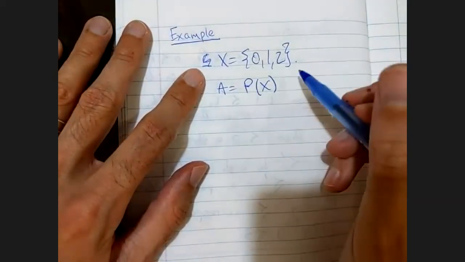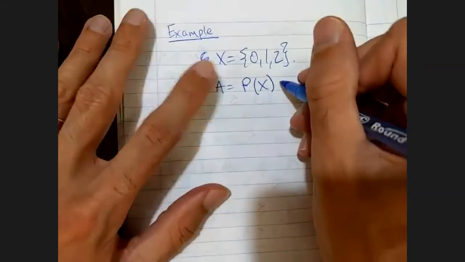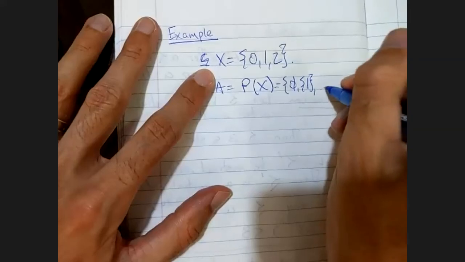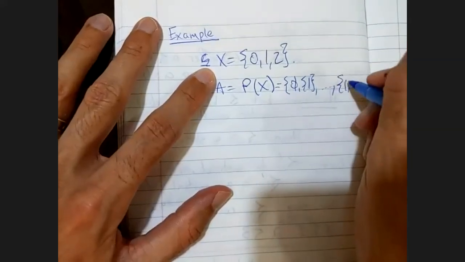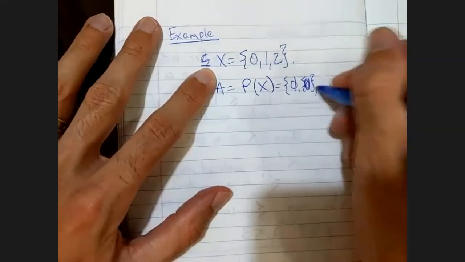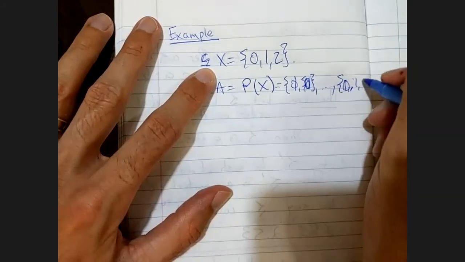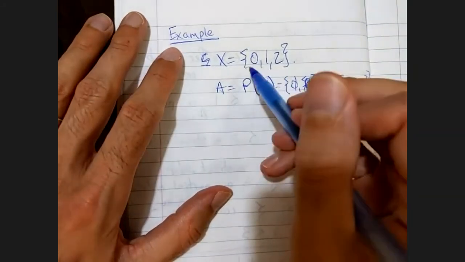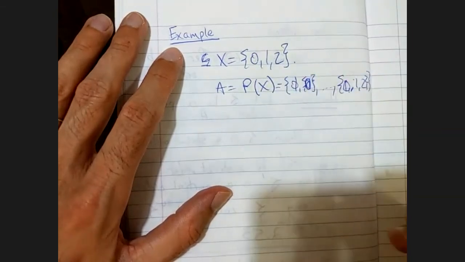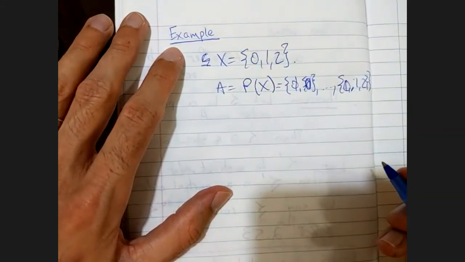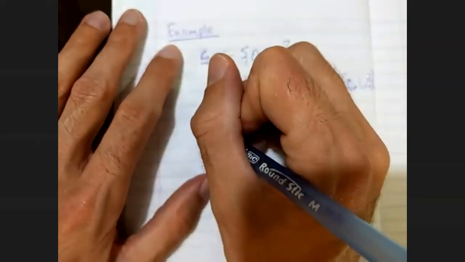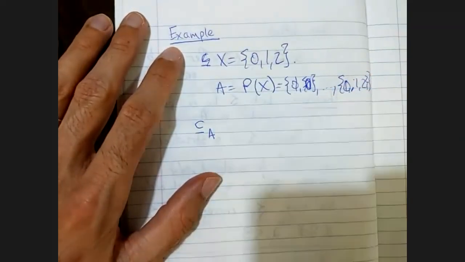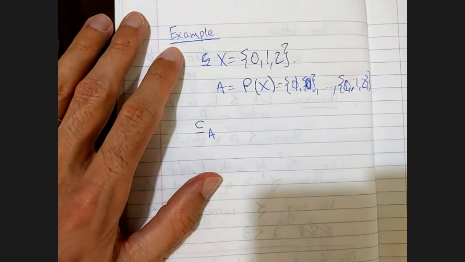Let's look at the power set of this set: the empty set, all the singletons, all the way up to the set A itself, all the subsets with three elements. And then we have the subset relation on A.